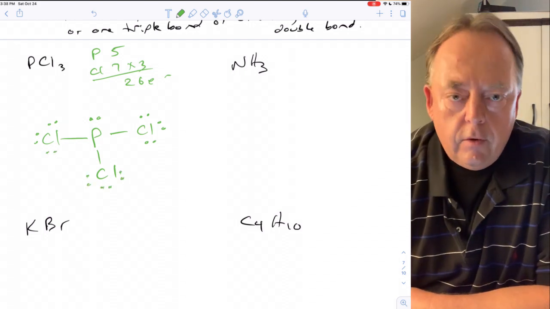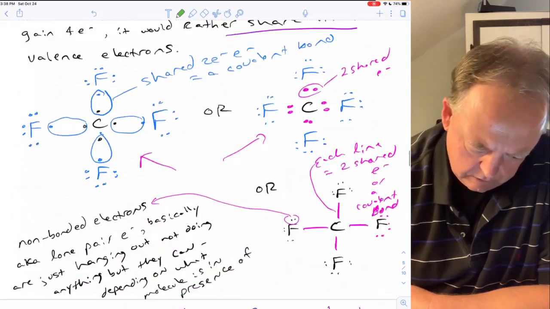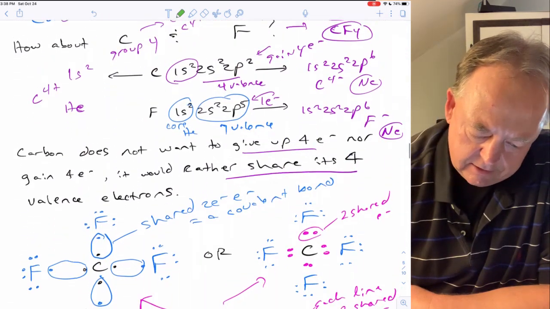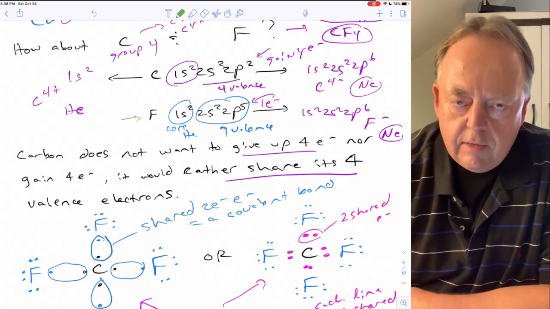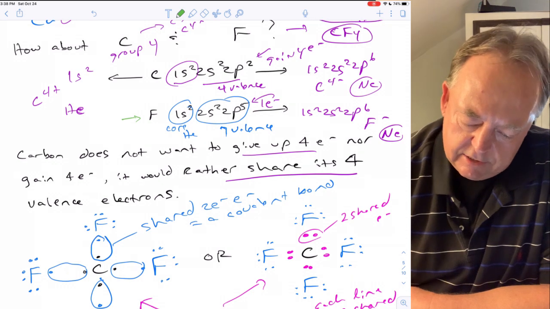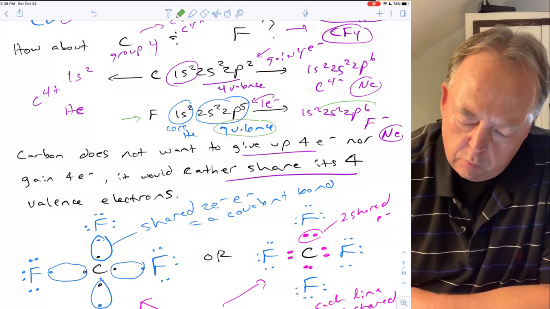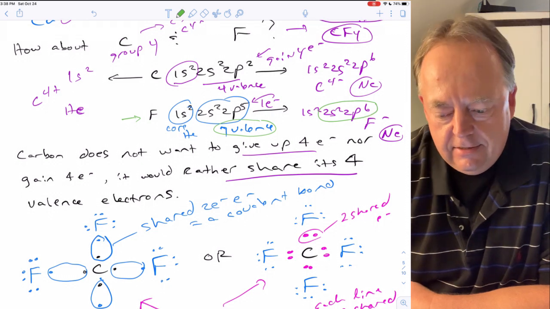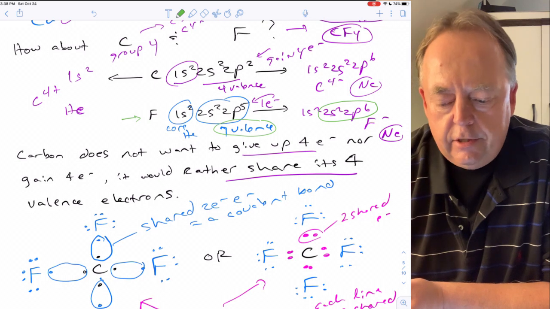And that one would have 3 lone pairs. So what is the basis of the octet rule? If we go back to looking at it like this, so like phosphorus or fluorine, for example, right now it has 7 electrons in its valence shell. If it picks up 1 more electron, now it has 8, and now it has a noble gas electron configuration.